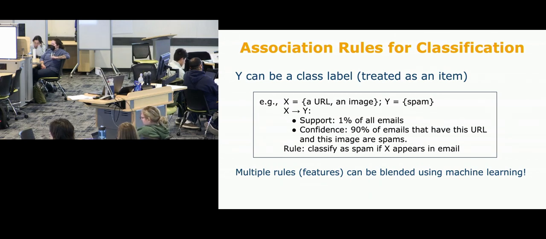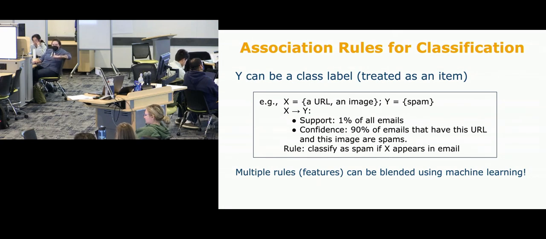So what's the support of this association rule? Let's say the support is 1% of all emails: 1% of all emails contain a URL, an image, and spam, and the confidence is 90%. 90% of emails that have this URL and this image are spam. Then we could come up with this rule that classifies as spam if X appears in an email.